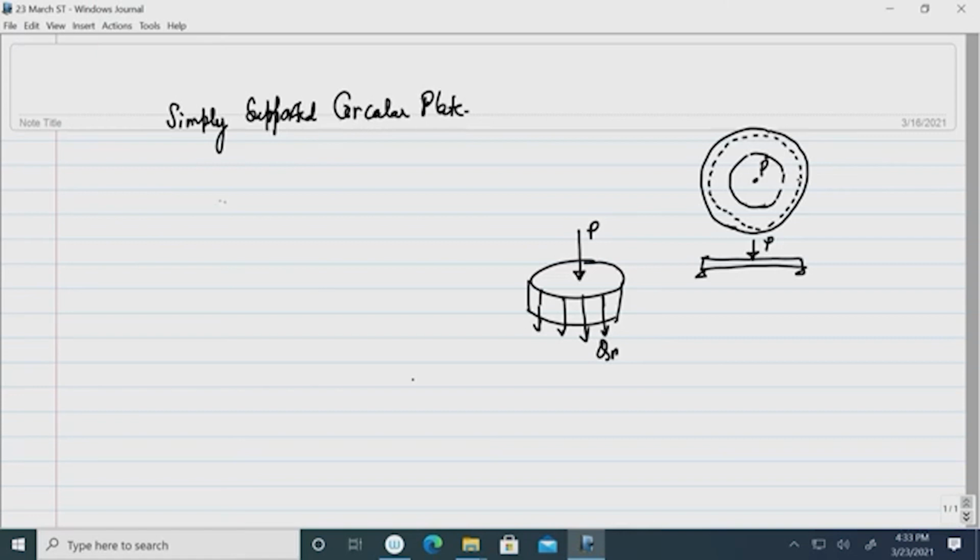Now, from vertical force equilibrium, that is summation of forces in z direction is 0, z direction is the vertical, this is the z direction, and direction of w is also.